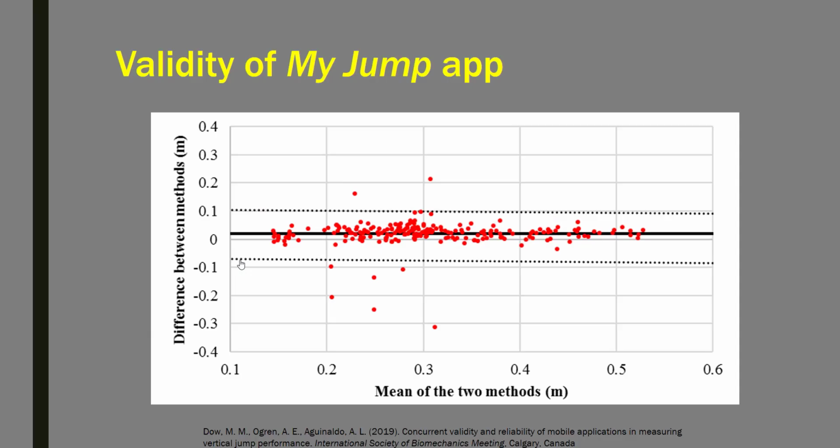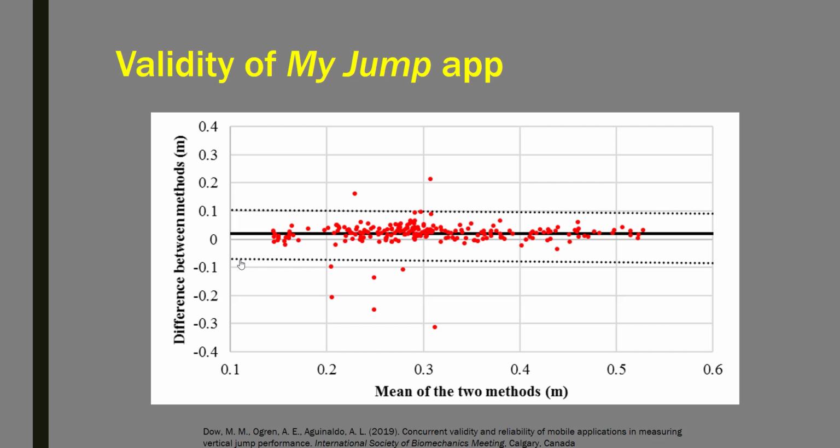Now, as an aside, a year ago, one of our undergrads did an honors project looking at the validity of the My Jump app and another similar mobile app, using our motion capture system and force platforms as the criterion method to which these apps were compared. And we found that they had good reliability and good concurrent validity.